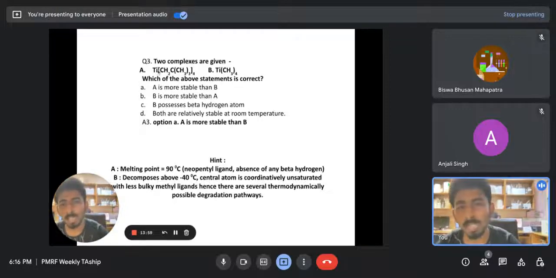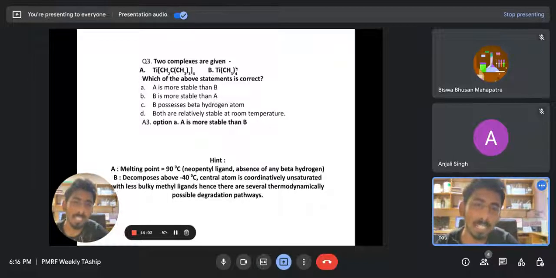Around titanium the environment is quite bulky here, and here there are only 4 carbon atoms present. So around titanium in the B complex, the environment is less bulky. The coordination is quite saturated in this case, but in this case the saturation is quite less, because the groups are less bulky. Since this is less bulky, there are several thermodynamic reactions that will degrade this B compound.